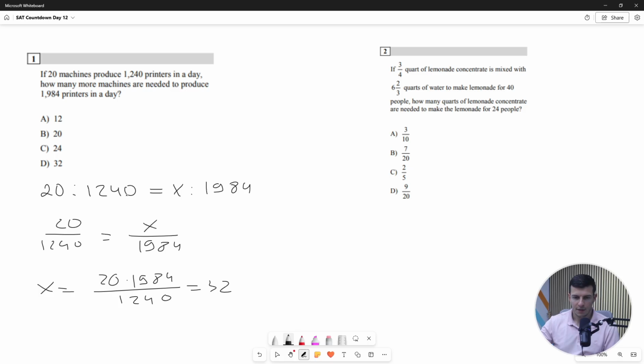Yes? Now, what is 32? 32 is how many machines we need to print 1984, but that's not really our answer though, or that's not really the question. The question says, how many more? And the sneaky thing is 32 is actually in the answer.